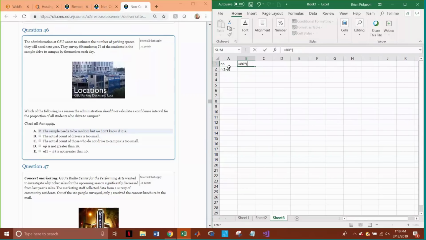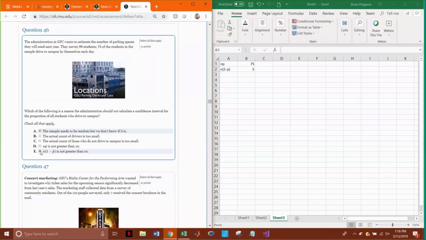Not 57, 75 out of 80. So that number is 75. That's met. It's at least 10. But if we calculate the other one, 80 times 1 minus 75 over 80, you're going to see that's 5. So our value of n times 1 minus p-hat is not at least 10.